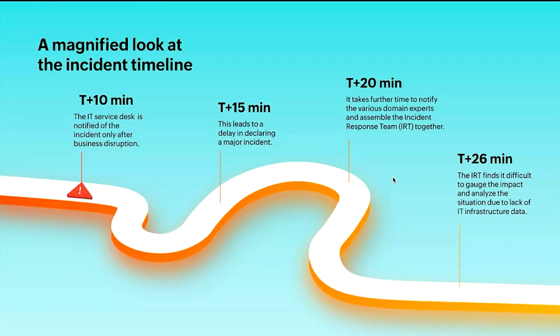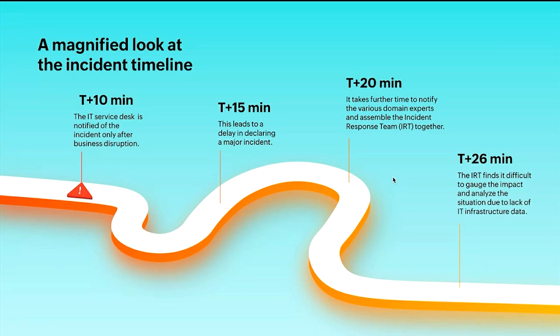As soon as the error is received, it took 10 minutes for the IT service desk teams to be notified of the incident. Basically, after disruption, there was a huge chaos, and then it took 10 minutes for the IT service desk teams to be notified. 15 minutes after the incident, there is still a delay in declaring that this is a major incident which is going on in Zilker.